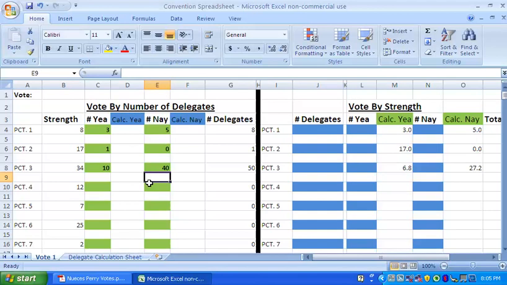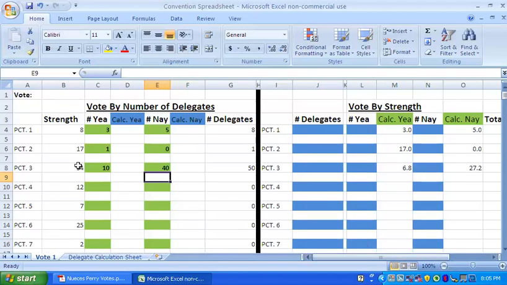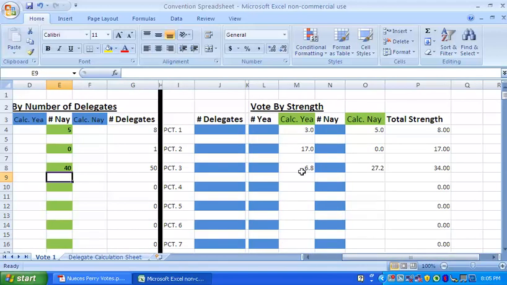Now, because there's more delegates present than votes available, we start dividing 34 by the number of people there. And here you can see that out of 50 people with 34 votes total for their precinct, the yeas got a voting strength of 6.8, and the nays got a voting strength of 27.2.